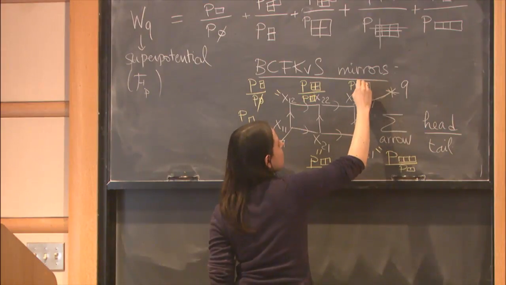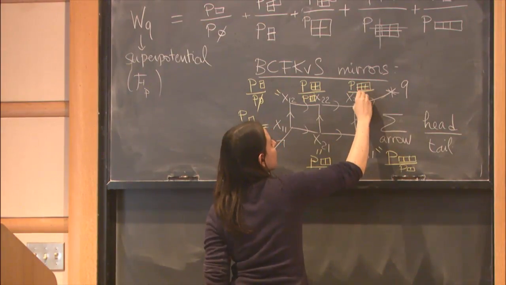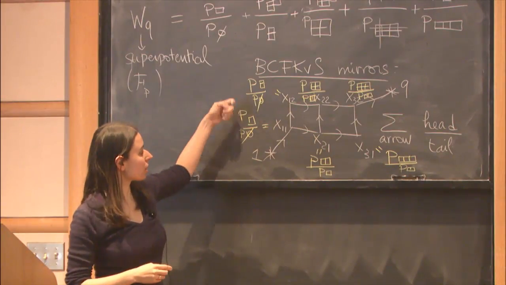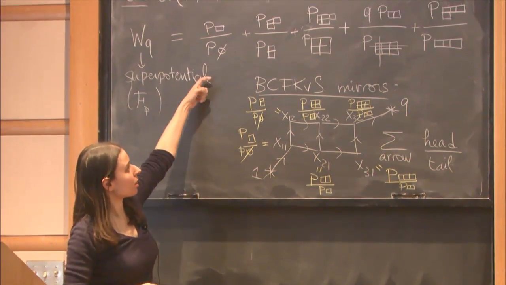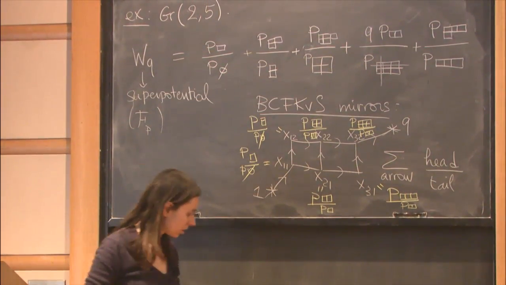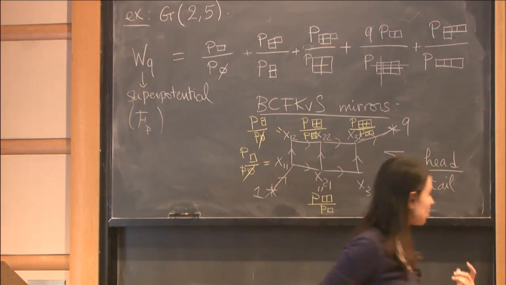Anyway, it's probably correct by now, but even if it isn't, there's a general rule that you can use to recover that they are the same, and if you use the Plücker relations, you recover exactly this. Okay. Right.